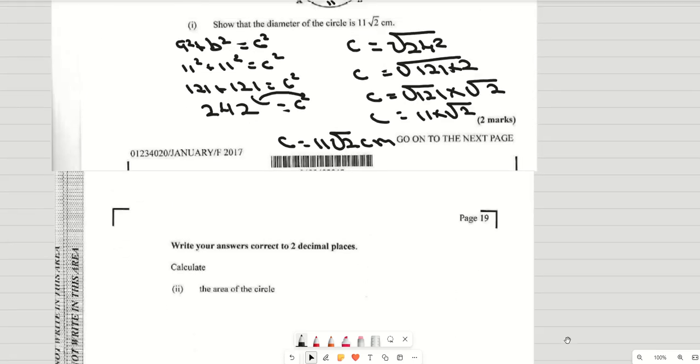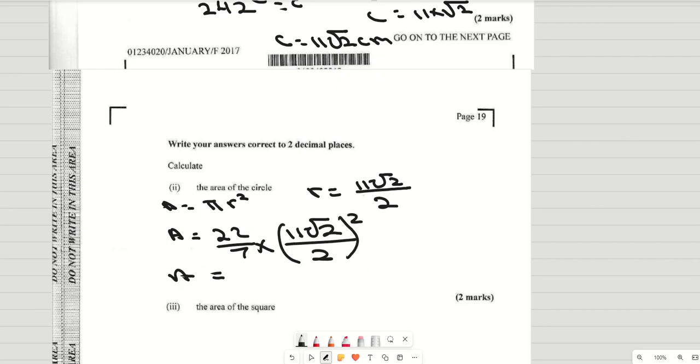Calculate the area of the circle. Now, if we know the diameter, the area of a circle is going to be easy. The area of a circle is equal to pi r squared. They didn't tell you what pi is, but pi is 22/7, always, unless stated otherwise. The radius would be half of the diameter, so 11 root 2 all divided by 2.